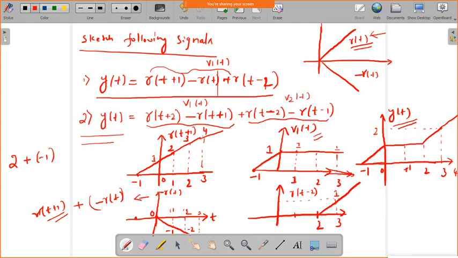Whatever signal you are given, it involves many additions of signals. So just split it into intermediate signals by addition or subtraction of two signals, and then if you add those you will very easily get the output signal. Otherwise you may face some difficulty. So do this operation and try to get it.